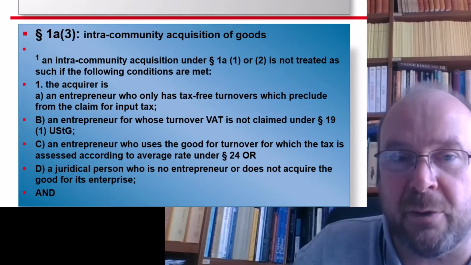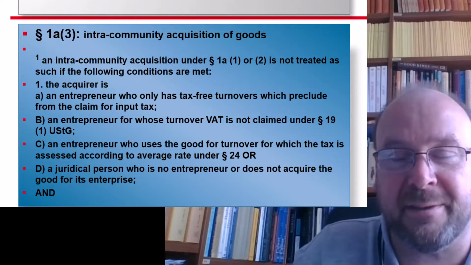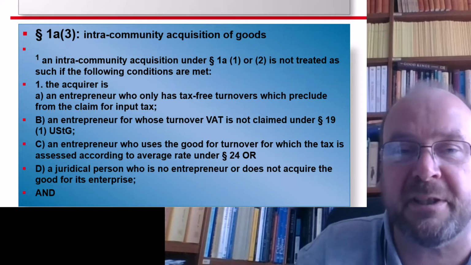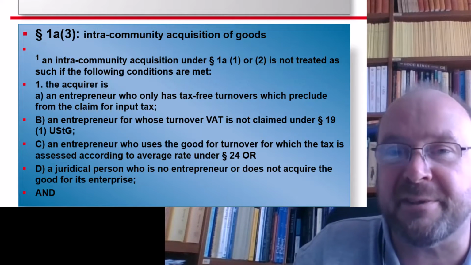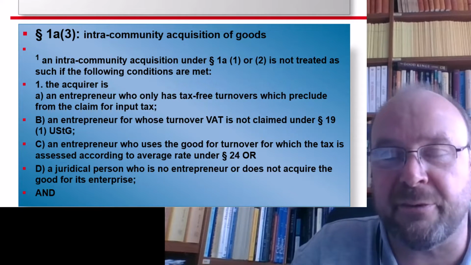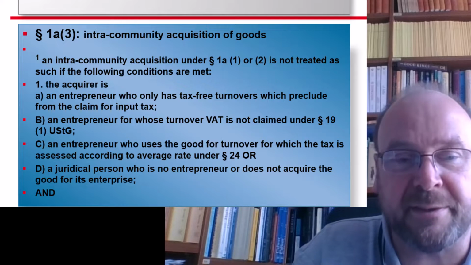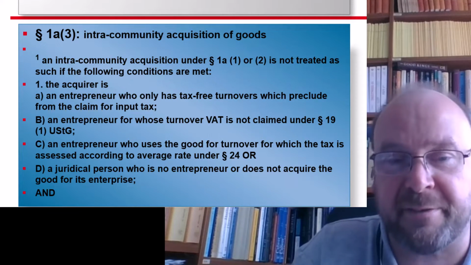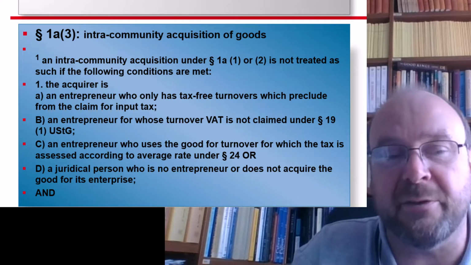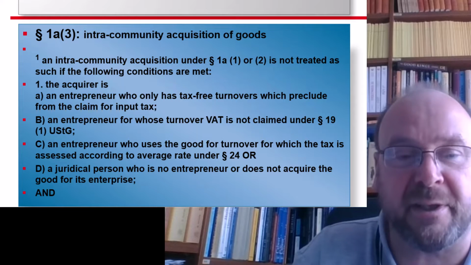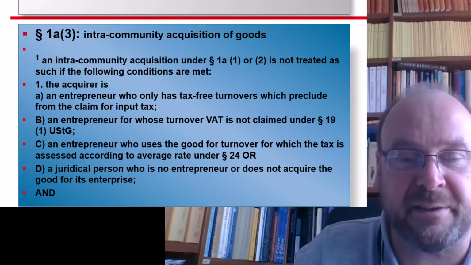Then no half idiocy, no half expertise, no half entrepreneurship anymore. Then that person is already classified as regularly taxed and there is no threshold granted anymore. So the stress is here on the only tax-free turnovers with no input tax claims. So not a single line until now to hand in a tax declaration.